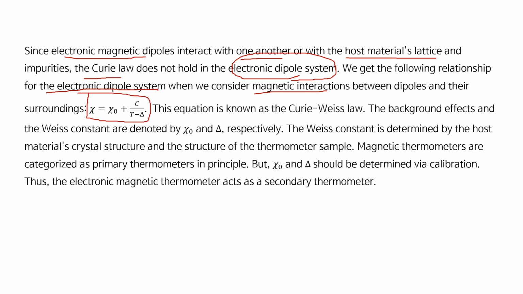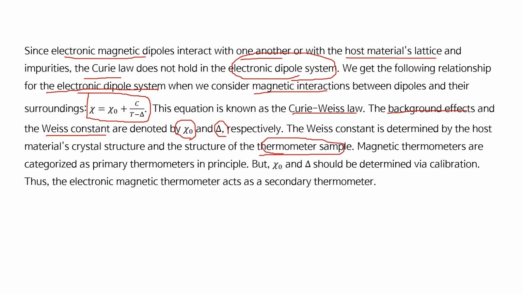This equation is known as the Curie-Weiss law. Chi 0 represents the background effects, and delta represents the Weiss constant. The Weiss constant is determined by the host material's crystal structure and the structure of the thermometer sample.